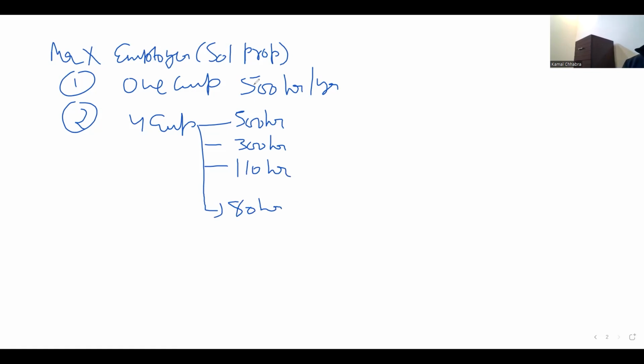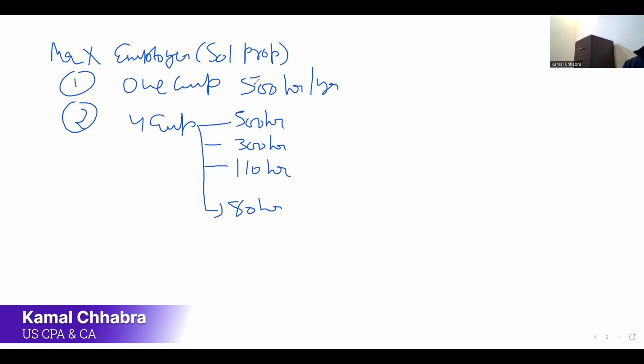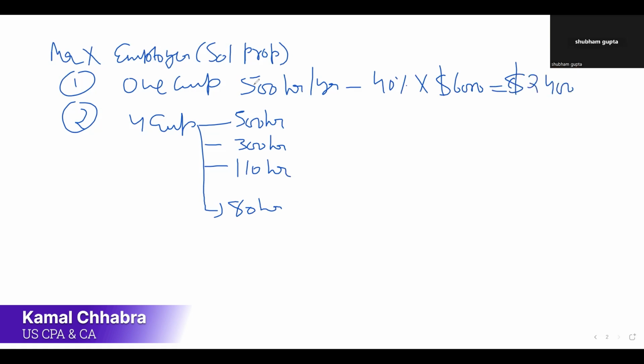So how much tax credit will be available in this category? Here it is very straightforward. 40% multiplied by $6,000. How much is it? $2,400, right?